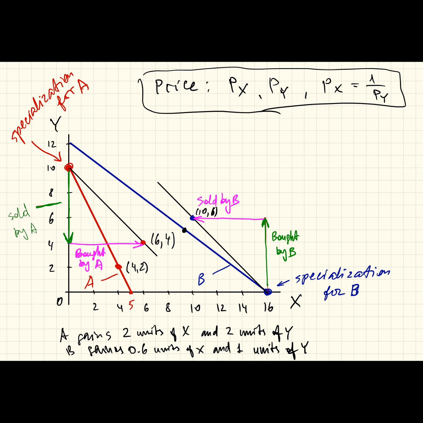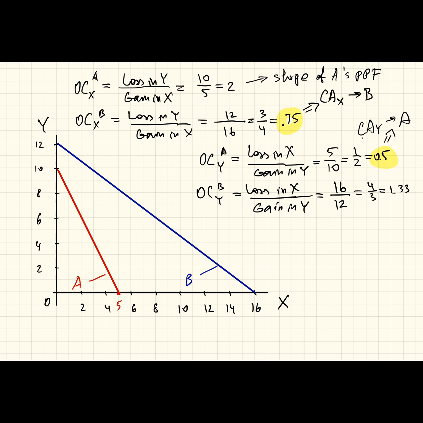Now, we know that we need to know who has comparative advantage to figure out who is going to specialize in which activity. What does specialization mean? Well, if we go back to this graph, it basically means that one person should produce only one good. So as person B has comparative advantage in producing good X, as we know, right, he should go to this point.